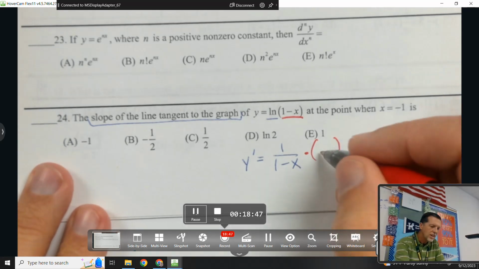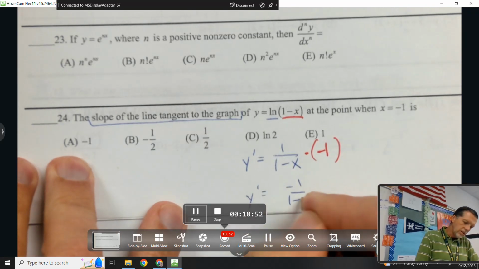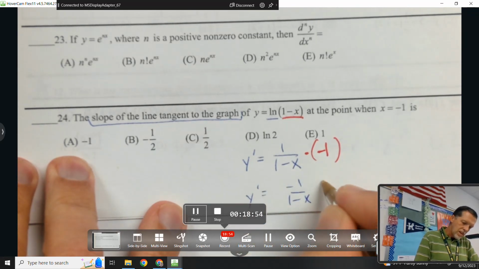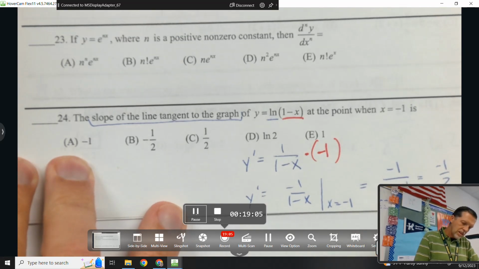Negative 1. So y prime is negative 1 over 1 minus x. And if I plug in negative 1, negatives all over the place here, negative 1 over 1 minus negative 1, negative 1/2.